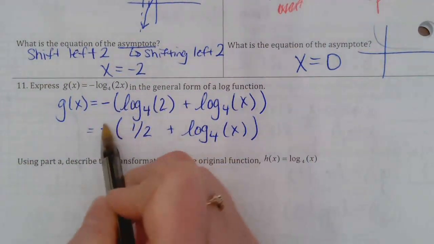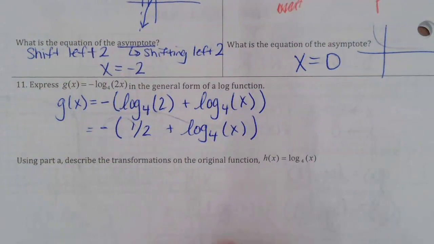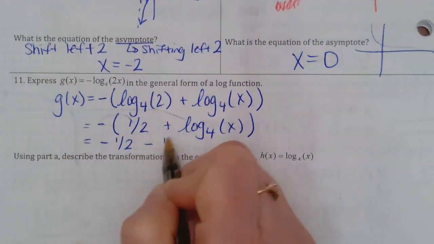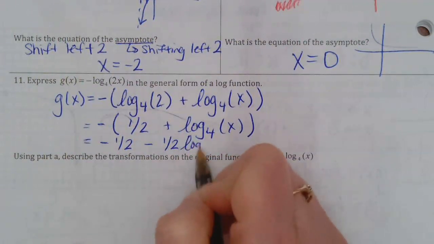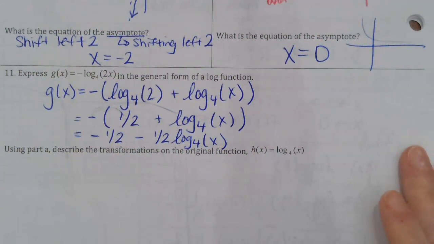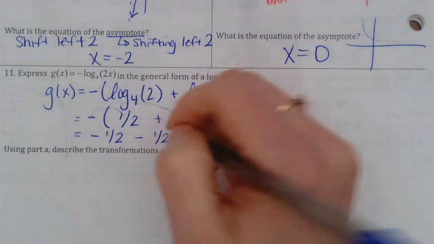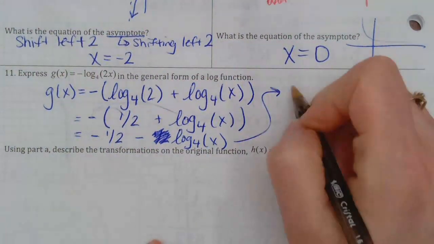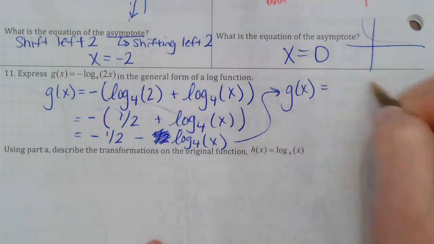We are going to distribute the negative. So we will get negative 1/2 minus 1/2 log base 4 of x. And then I'm just going to do a quick little rewrite. Oh, not 1/2. Sorry, guys. Just a negative. All right, rewrite it.